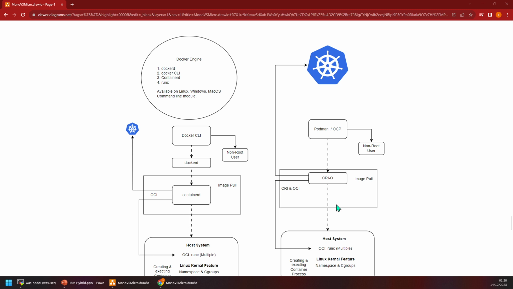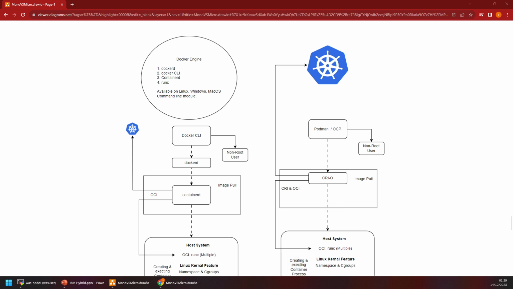When you talk about compatibility, CRI-O is OCI compatible, and you can work with any OCI container images, ensuring compatibility with a wide range of containerized applications. And the other advantage of CRI-O is that the configuration is very simple and streamlined compared to the Docker configuration for managing a Kubernetes cluster.